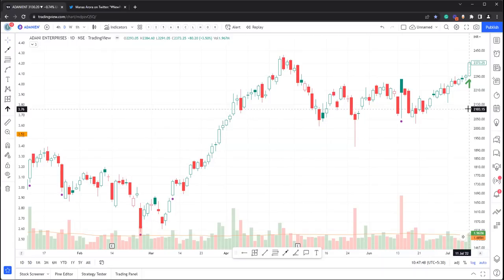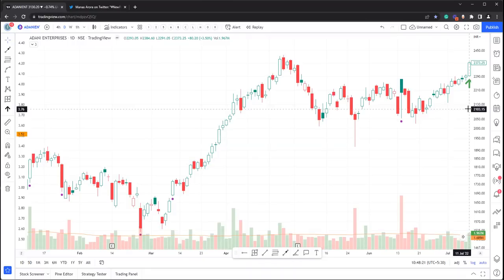And if you manage to do that, resist the urge of booking profits immediately, because your objective is not to make profit in a day or two. Your objective is to ride the whole trend and maybe move mountains. If you manage to catch the whole trend, the kind of money you can make from that one trade, you may not be able to make from many small trades in many months to come.